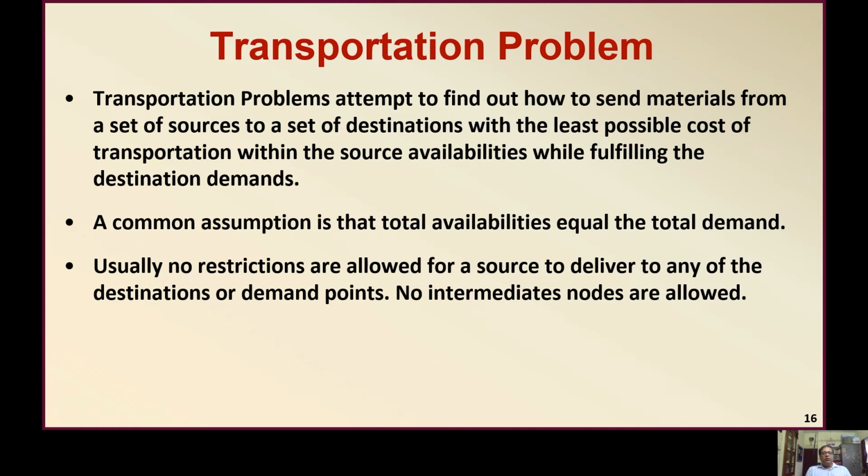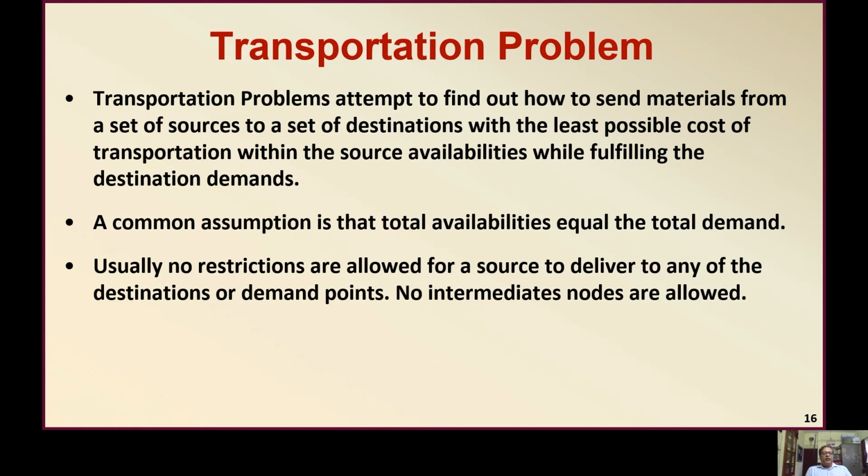The unit cost of transportation, that means transporting one unit from source 1 to destination 1 or source i to destination j, is different. So when it is different, obviously the question comes that if we have the source availabilities and the destination demands, how much should be sent from which source to which destination? That, in a nutshell, is a transportation problem.